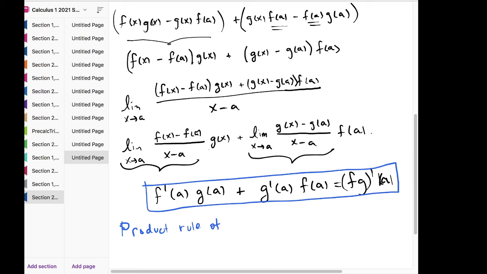And just to make sure, I wouldn't expect you to develop these proofs on your own. For this class, all you really need to know is the rule itself.